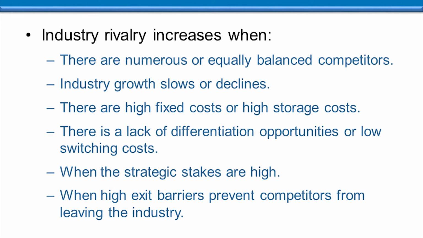Industry rivalry increases when the level of competition is high due to the number of competitors, slow industry growth, high fixed costs, low switching costs, high exit barriers, and so on. Based on the industry analysis with those five forces, firms determine whether the industry in which they perform is attractive or not.